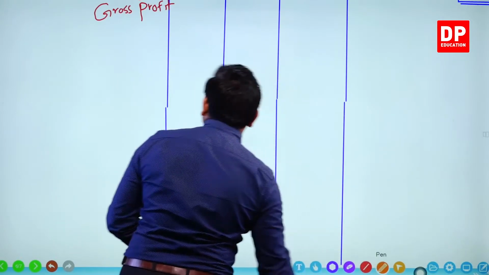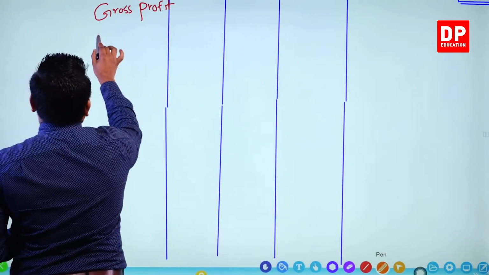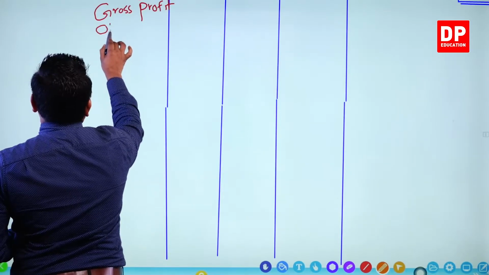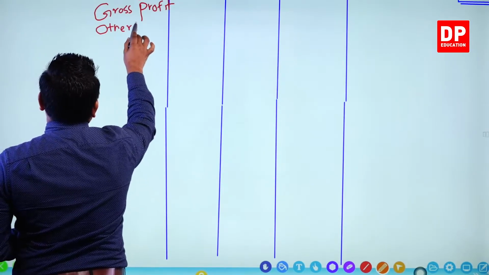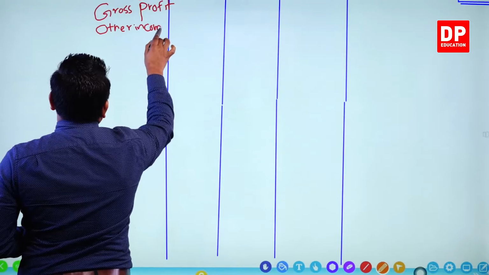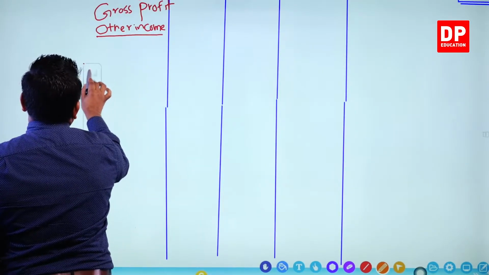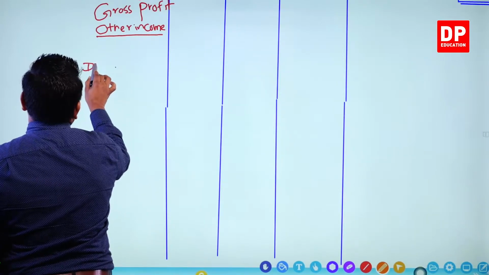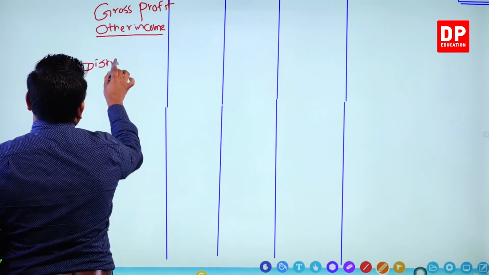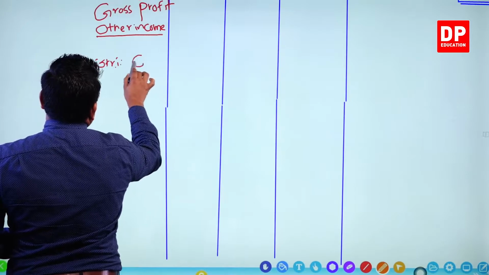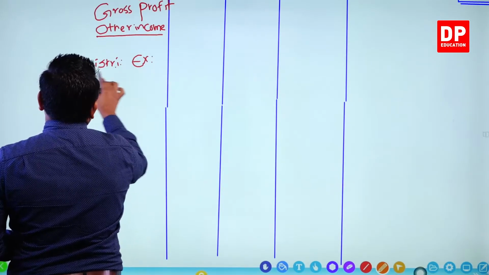What are the expenses? First one, other income, we have to put under this. Right, other income. Then distribution expense. Right, you give space.